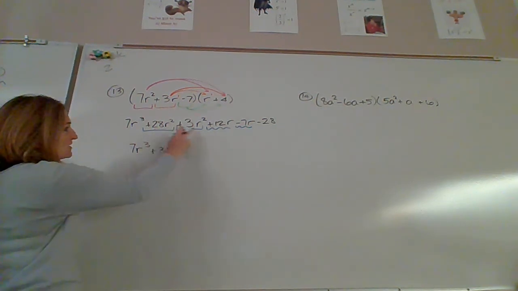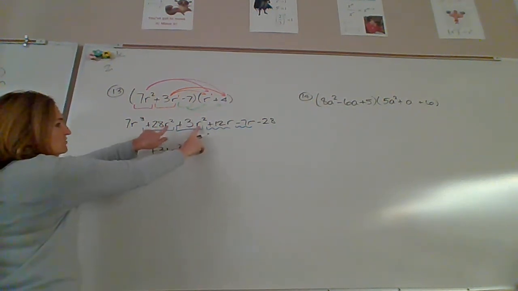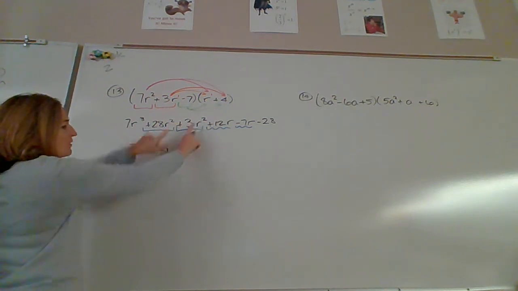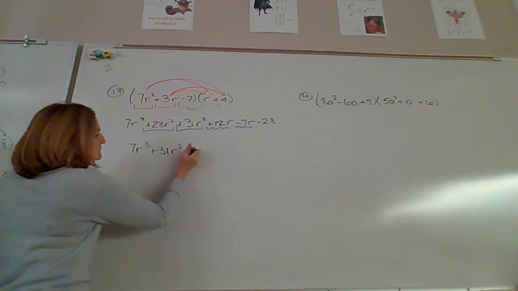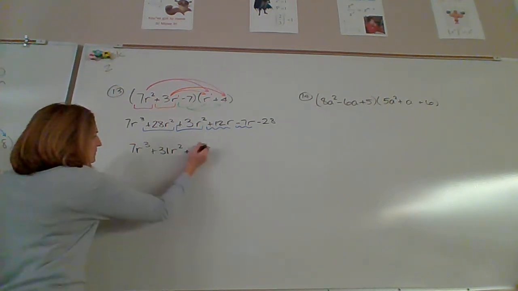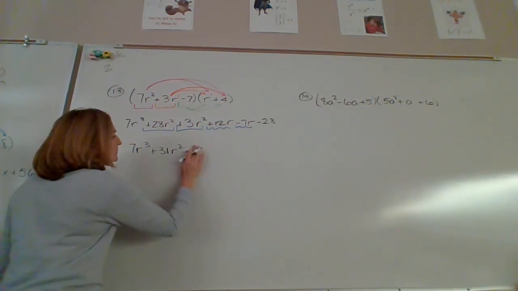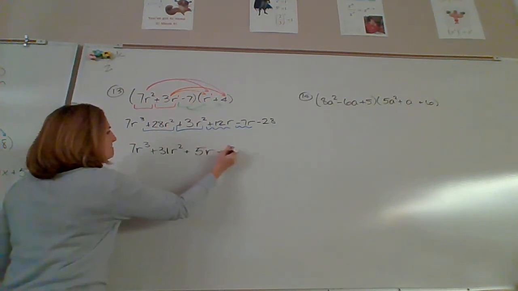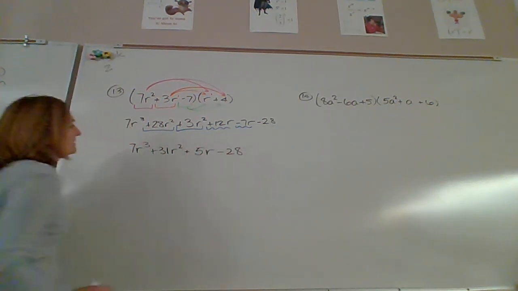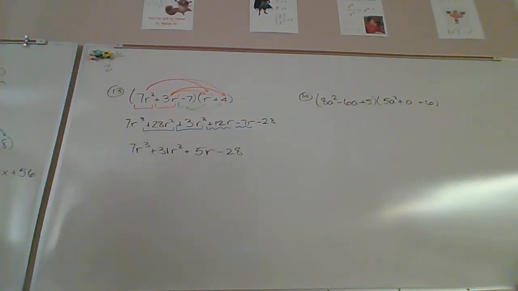Notice when we're combining our like terms, once again, we don't change the variable or its power. The only thing that changes is the coefficient. And there's your final answer for number 13.